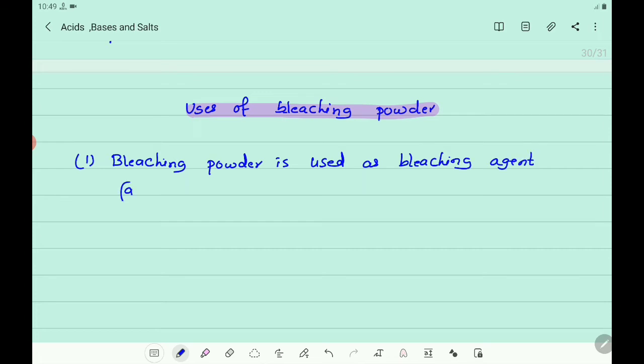First, for bleaching cotton and linen in the textile industry.